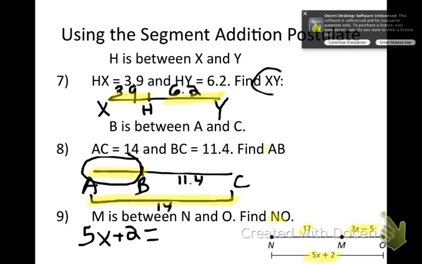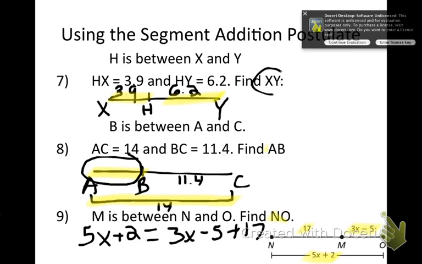If I take my two small parts and add them together, I get the whole part. So 3x minus 5 plus 17. Here what I get is an equation where I have to solve for x, because again, using that theorem earlier of AB plus BC equals AC.